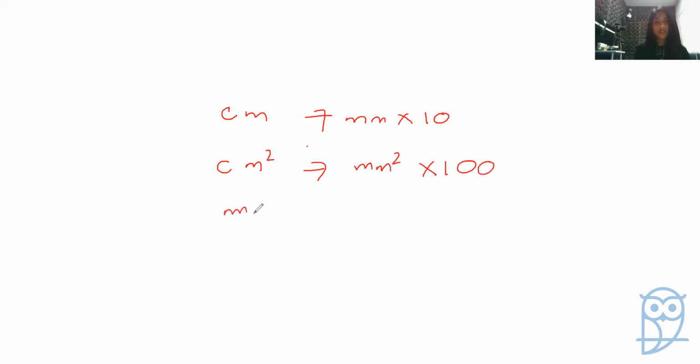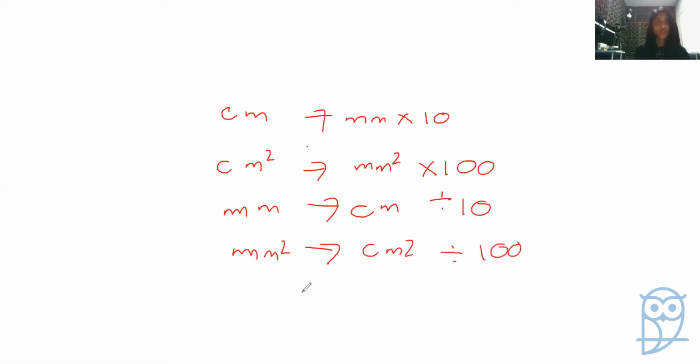From millimeter to centimeter, I divide by 10. From millimeter square to centimeter square, I divide by 100.